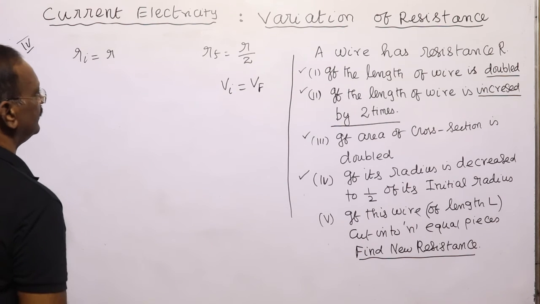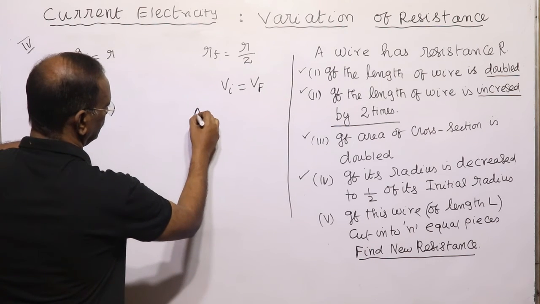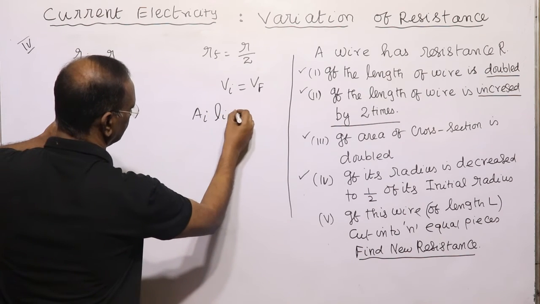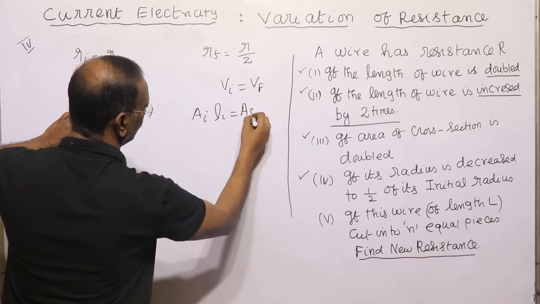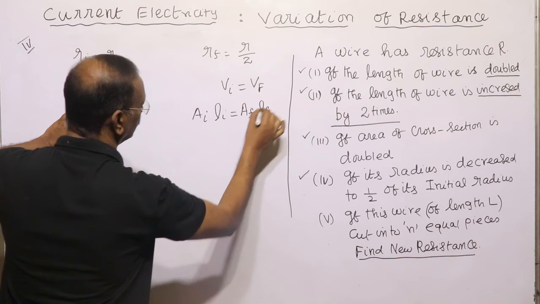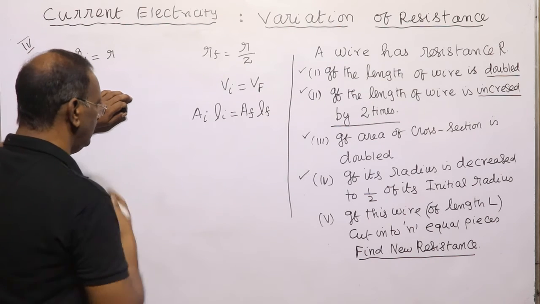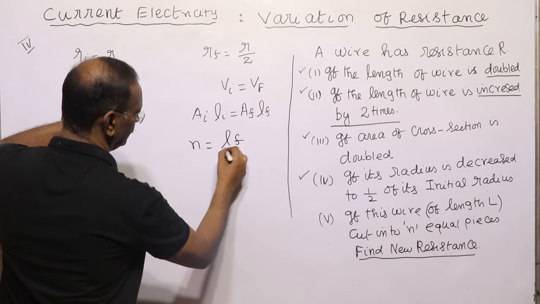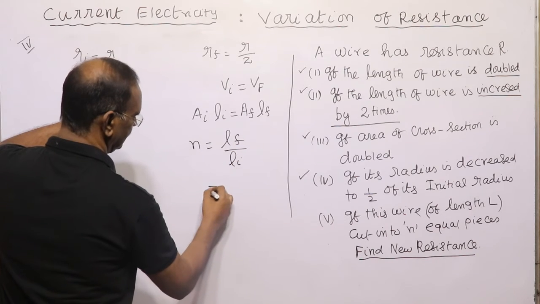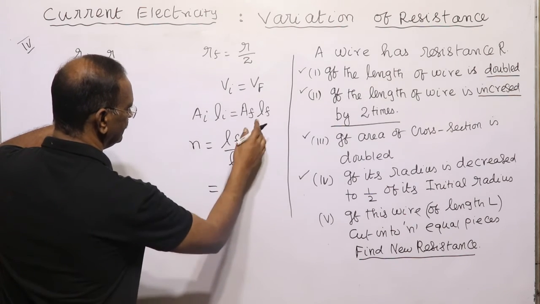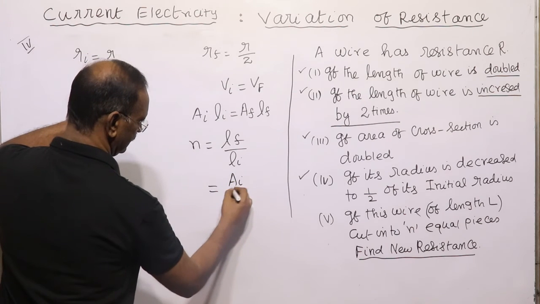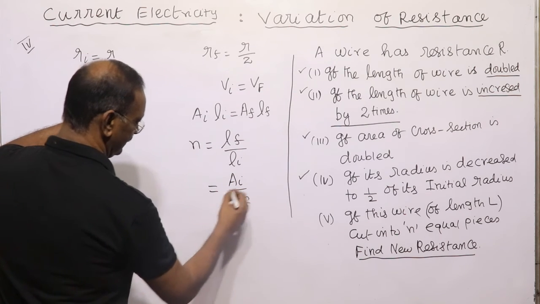Volume initial is equal to area initial into length initial, which is equal to area final into length final. Let n be equal to length final by length initial, which is equal to area initial by area final.